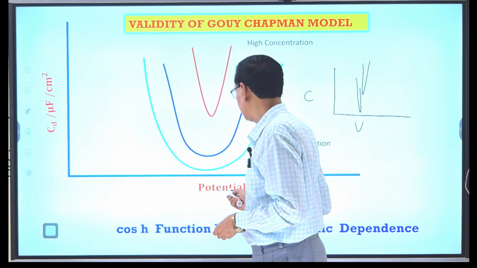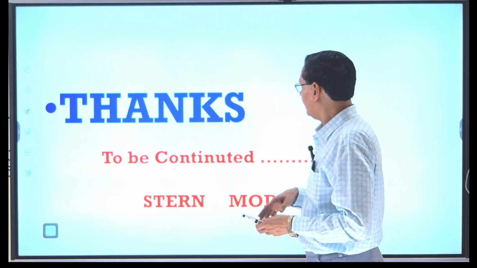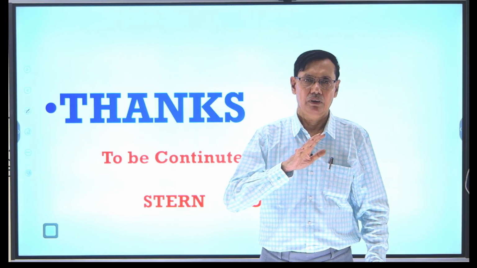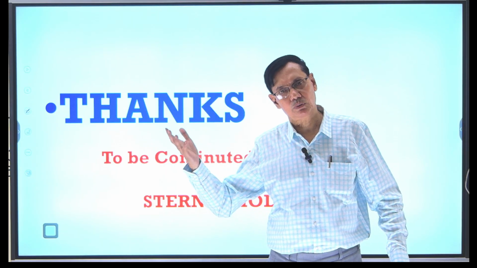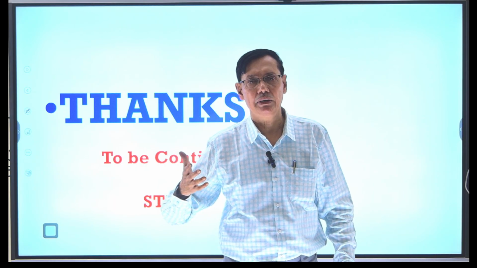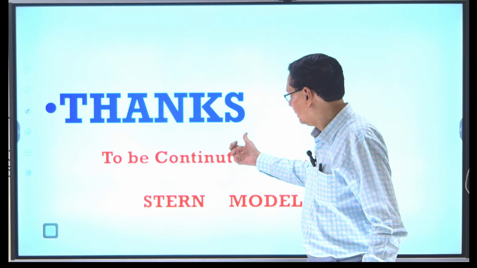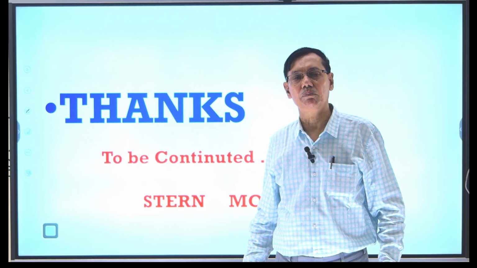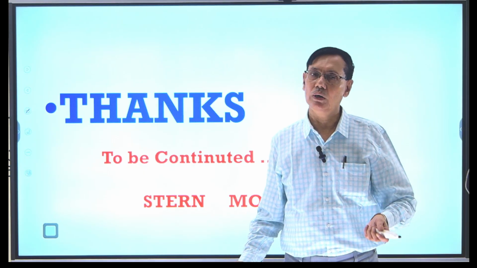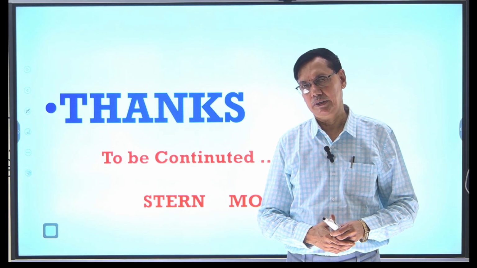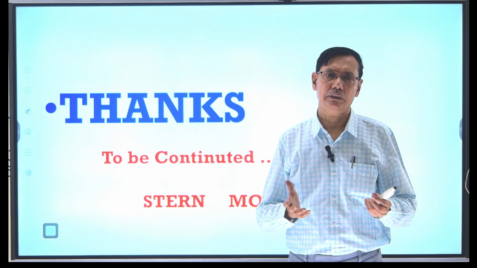So in my next lecture, and thank God, if you compare the mathematical derivations of Gouy-Chapman and the Stern layer, the Gouy-Chapman derivations are simple. But for the Gouy-Chapman layer, there is no alternative. We have to learn a little bit of mathematics, some integration and some differentiation.